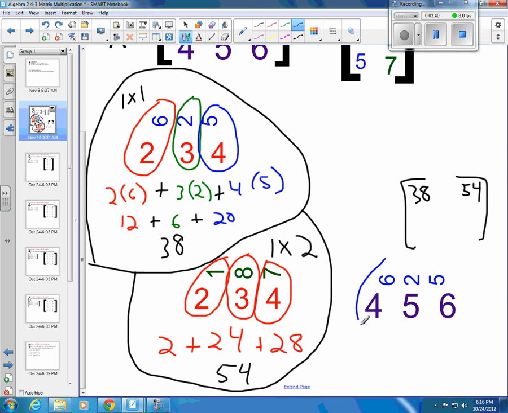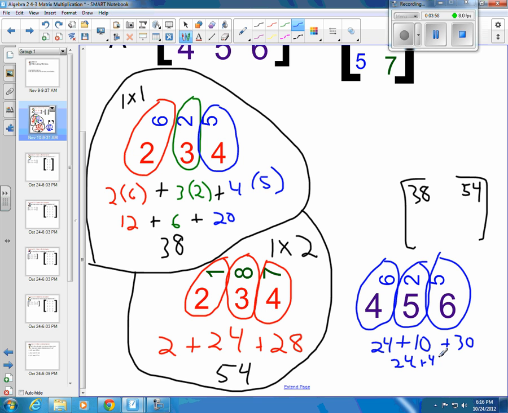So I've got my first elements here. So that's 4 times 6 is 24. I'm going to add that to 2 times 5 is 10. And I'm going to add that to 5 times 6 is 30. So 24 plus 10 plus 30, that's 24 plus 40. So that would be 64.